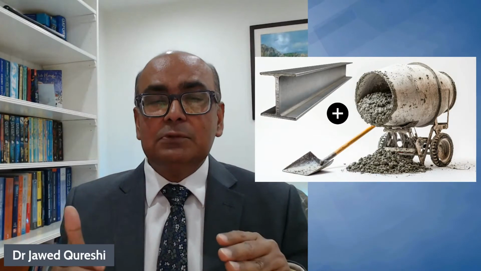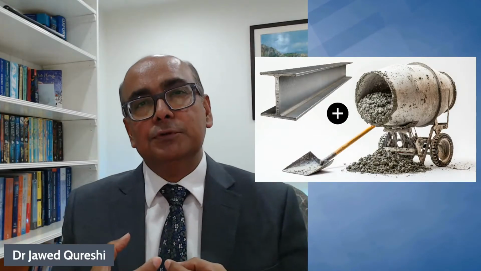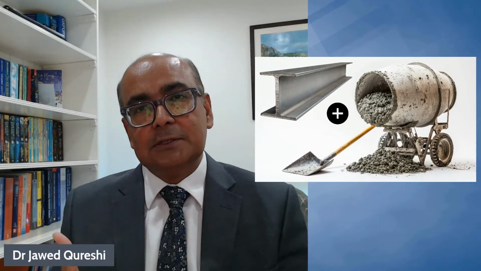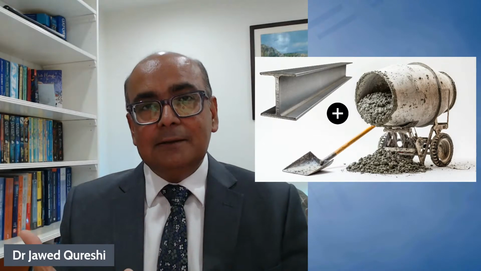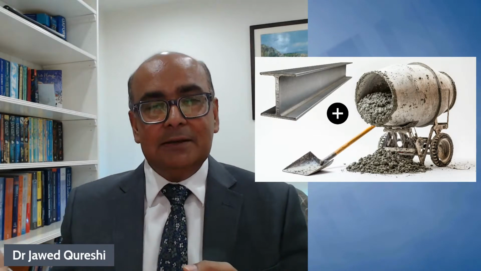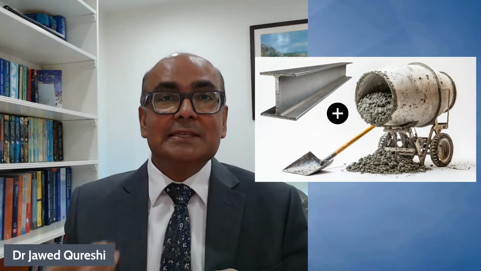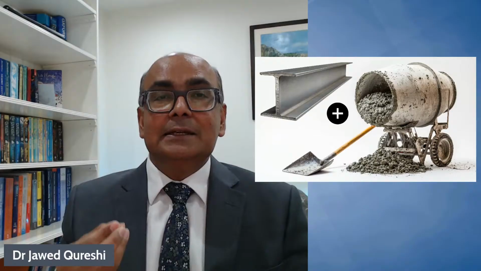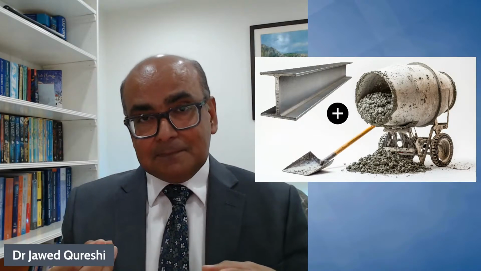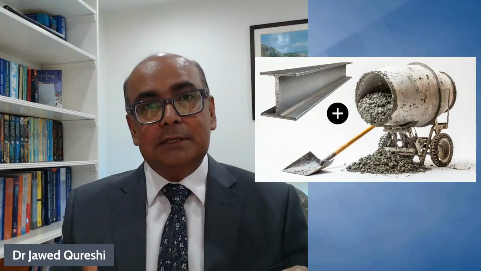But the same is the case with reinforced concrete structures. Why don't we call reinforced concrete structure a composite structure? The reason is that the dominant material in reinforced concrete structures is concrete. We simply use steel bars where we need tensile strength, isn't it? So that's why we call it reinforced cement concrete.